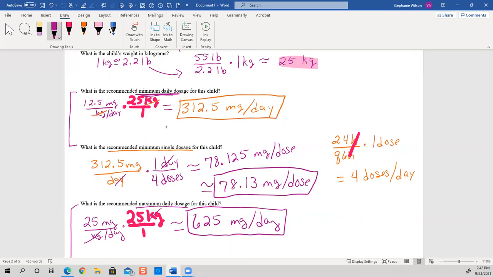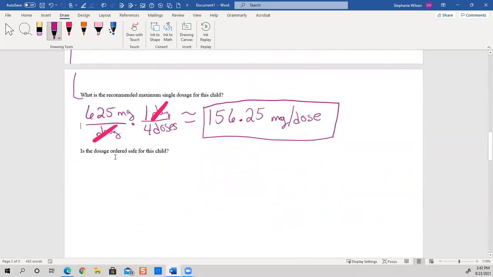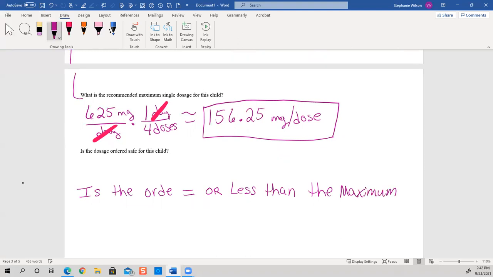Okay, so now the last question asked is, is the order safe? So here is your written statement. To answer this question, you have to ask yourself, is the order equal to or less than the maximum recommended single dose?